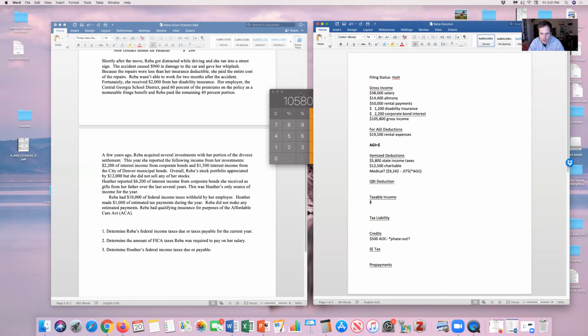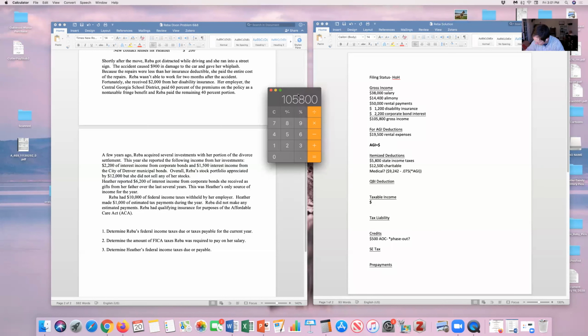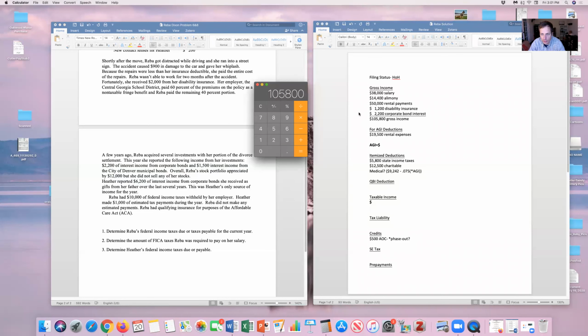I think the only for-AGI deduction that we ended up with was the rental property. So my AGI will be this gross income minus the deductions, minus 19,500. Her AGI is 86,300. Now that we know the AGI, we can figure out her medical expense deduction.